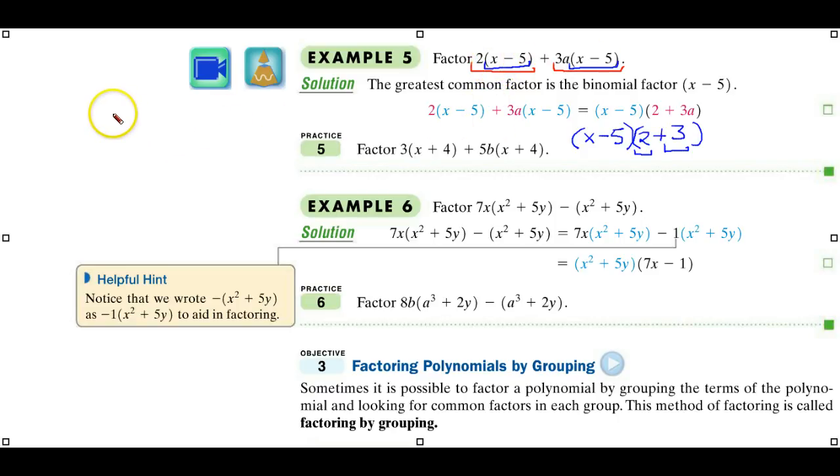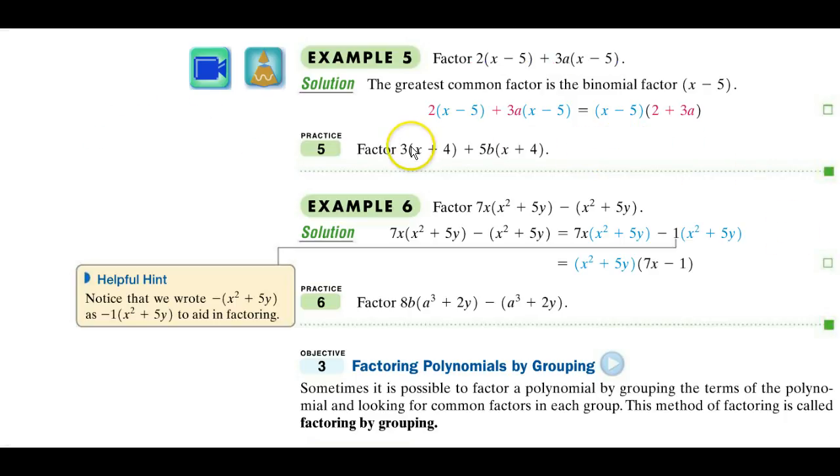Now, could you have written 2 plus 3a times your common factor, x minus 5? And the answer is yes. You could write it this way too. This and this are equivalent.